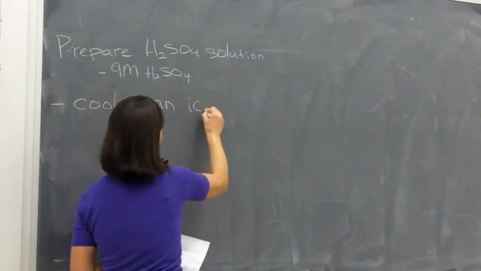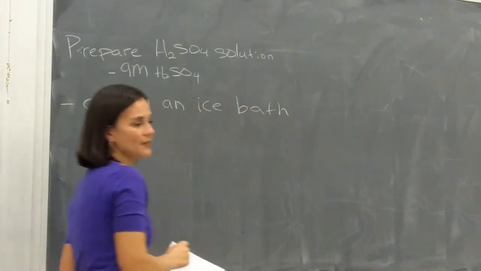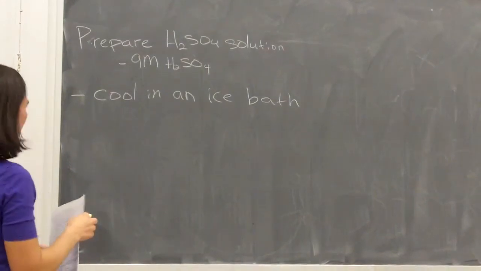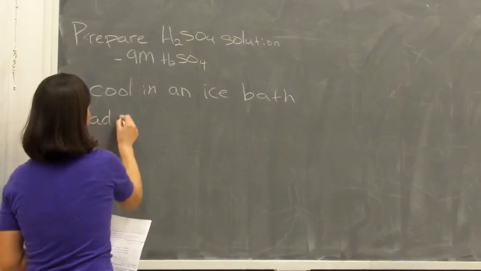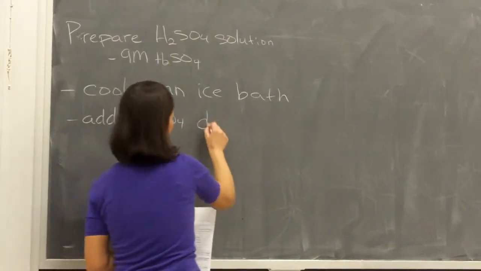So we do want this one cold. And we don't want any refluxing, okay? So if you see ether refluxing, it's gotten too hot. You're probably making alkene. So cool in an ice bath. You're going to add your sulfuric acid solution that you made up dropwise.